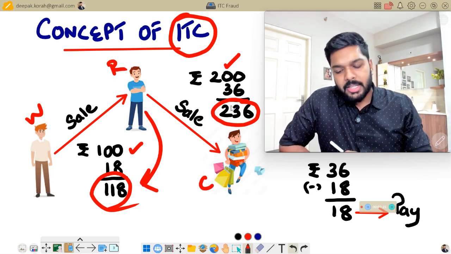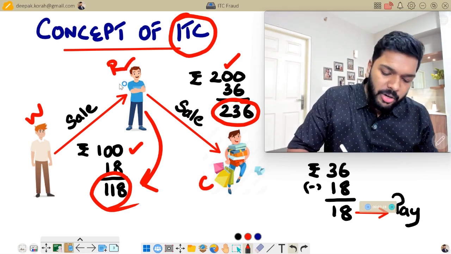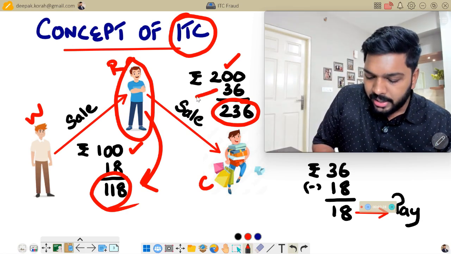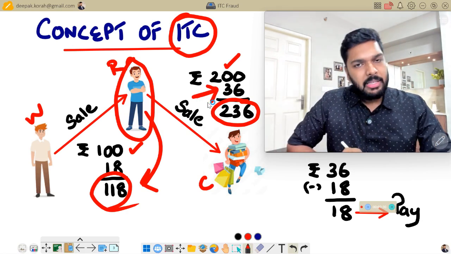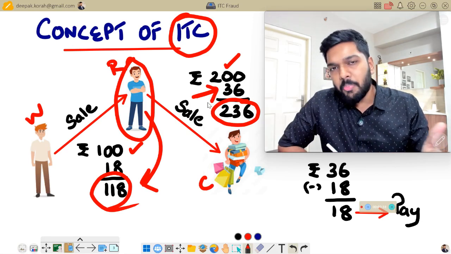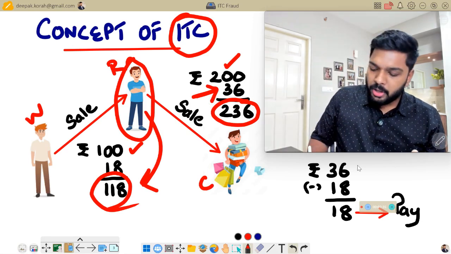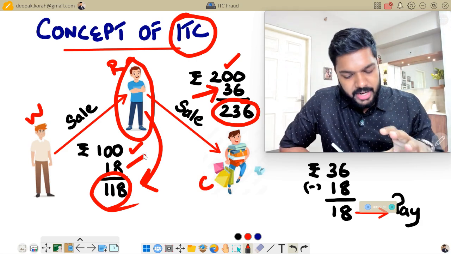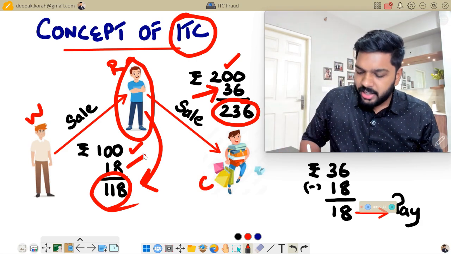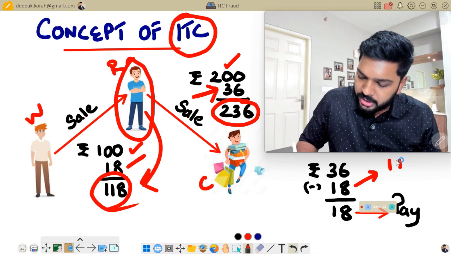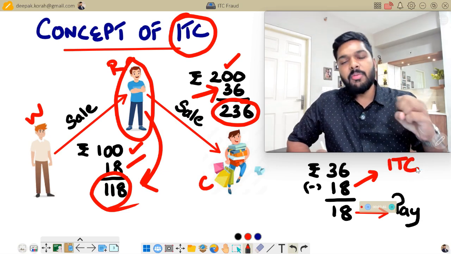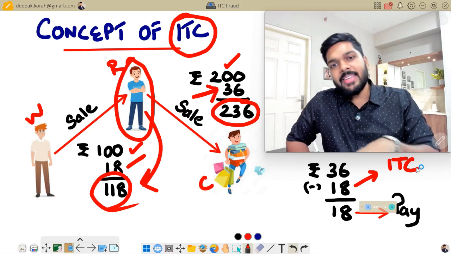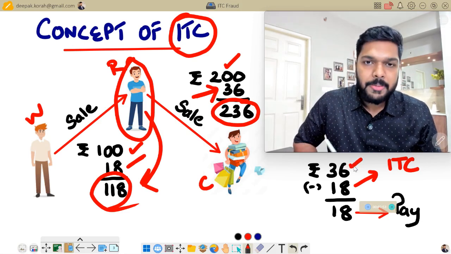Now the question is that what is the tax the retailer will pay to the government? Will the retailer pay the GST collected, the entire GST collected from the customer? The answer is no. The retailer need not pay the entire 36 rupees because it had initially paid 18 rupees on its first transaction. That is basically the purchase tax. So retailer gets the benefit of something called as input tax credit or ITC, wherein it is able to use the benefit of the tax initially paid on its purchases against the tax paid on its sale of rupees 200.